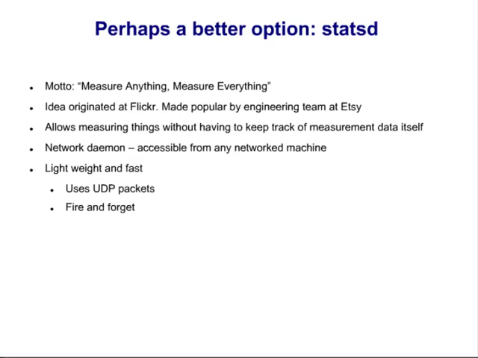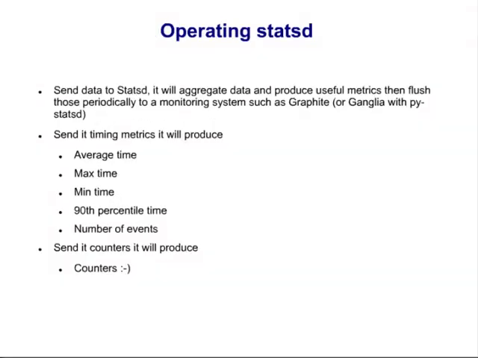So you can have a network daemon that is accessible from any network machine, and which allows you to collect things such as timing metrics, and it will produce average time, max time, min time, 90th percentile time, and if you send in counters, it will generate counters. I mean, that's very useful. So how do I use it?